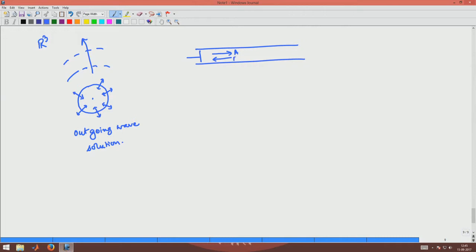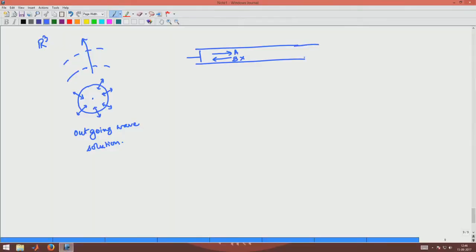But then we applied our physical logic and physical intuition associated with the problem, and we said that the incoming wave is in fact not possible. This will only be made possible if the duct is bounded.